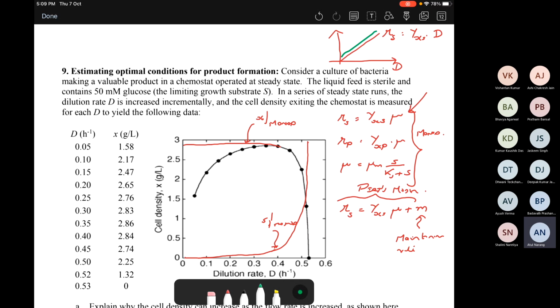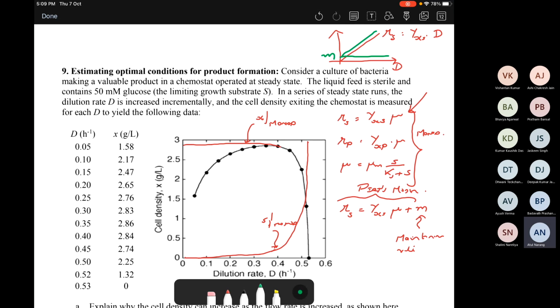It is slightly translated. Therefore, one model to account for this says that Rs is not directly proportional to mu, but equal to a flat line which has y-intercept m. So it is equal to m plus Y XS multiplied by mu. This was given to you as Pirt's model.